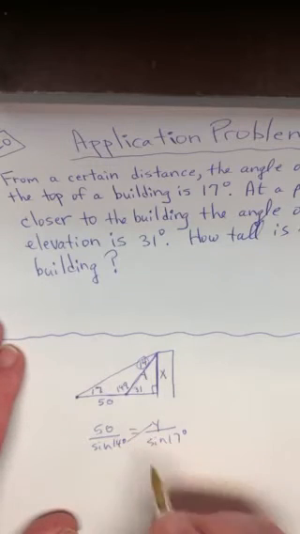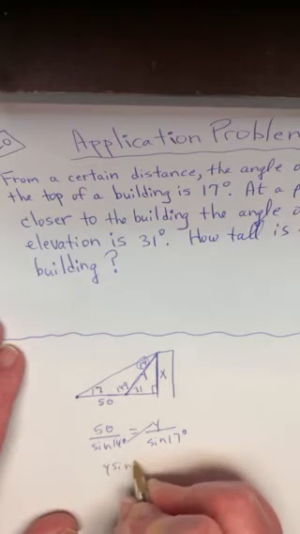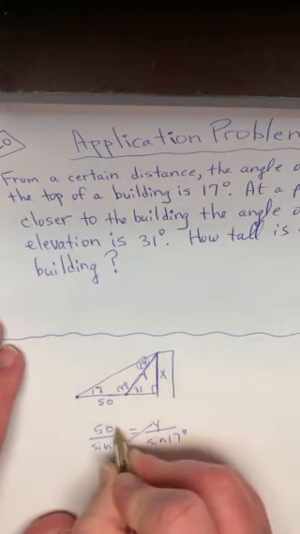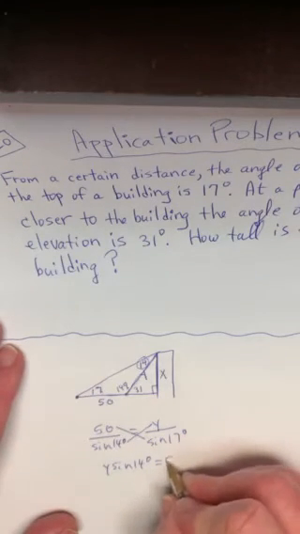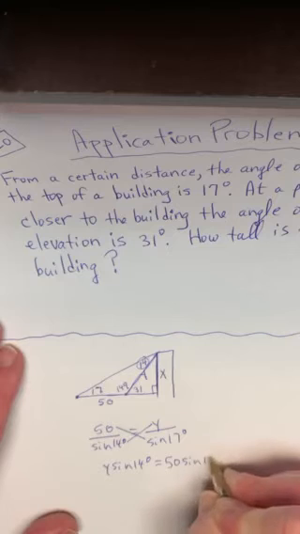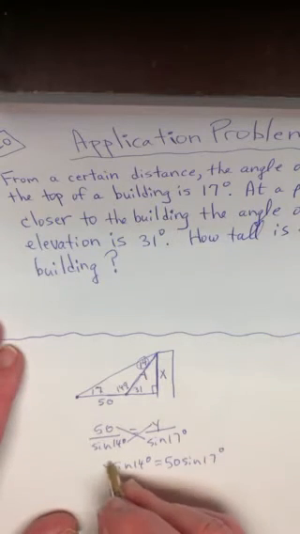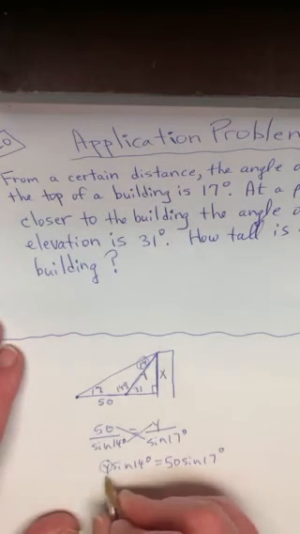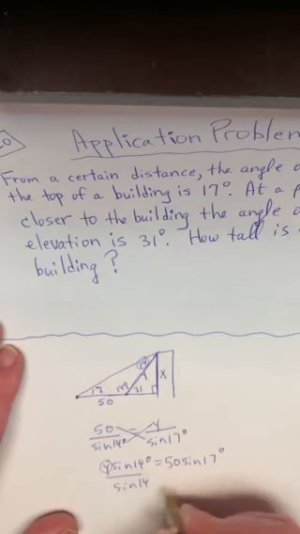So cross multiplying, I've got Y sine 14 equals 50 sine 17. To get this Y all by itself, I can divide by the sine of 14.